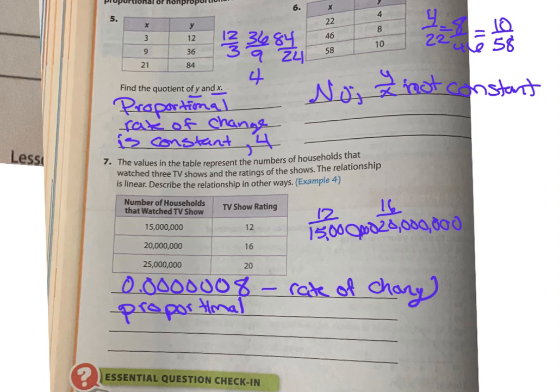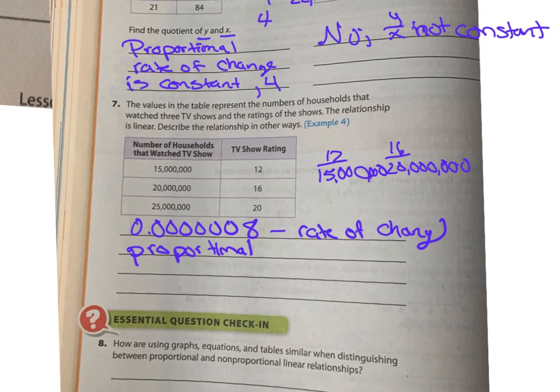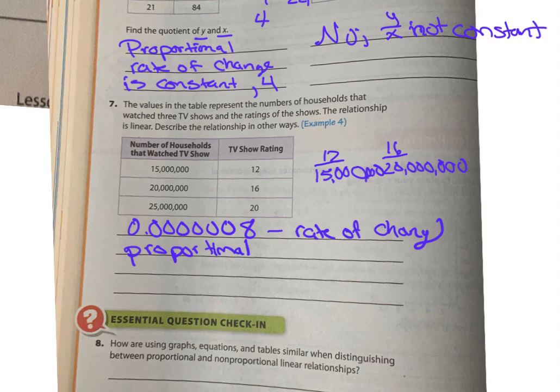And then we can say it would cross at 0, 0 too. Your rate of change is 0.0000008. It's proportional and it crosses at 0, 0.